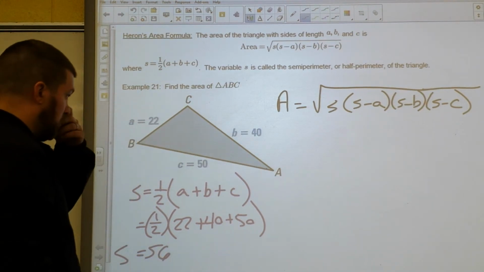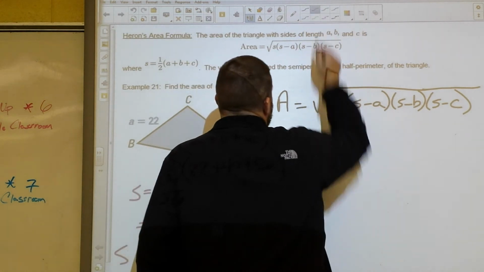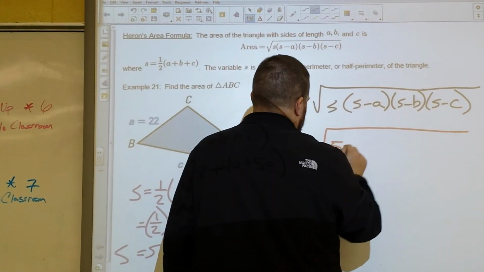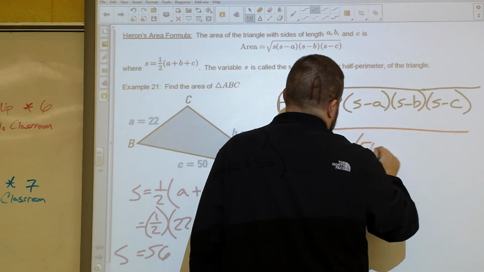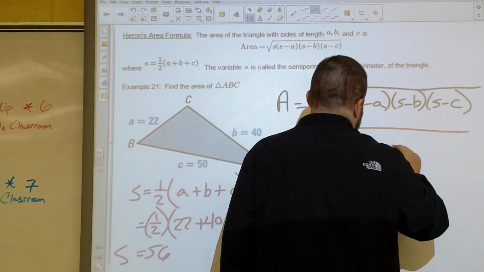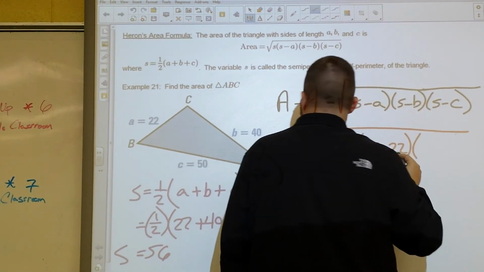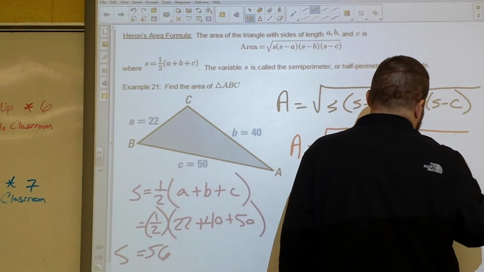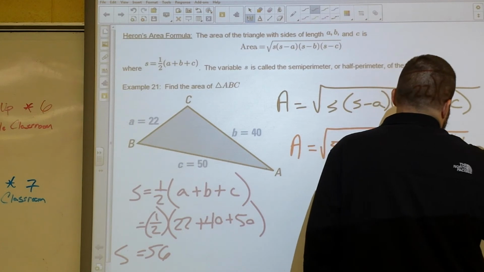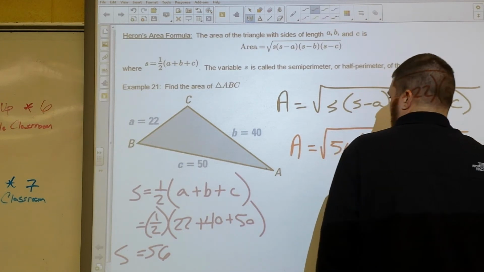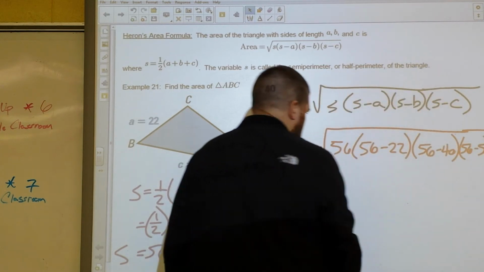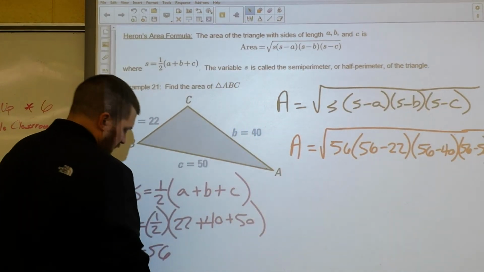Great, so in my equation now I'm ready to plug in. So area equals the square root of 56 times 56 minus side A, which is 22, times 56 minus side B, which is 40, times 56 minus side C, which is 50. Close parentheses. All right, so now I'm going to just type this in my calculator.